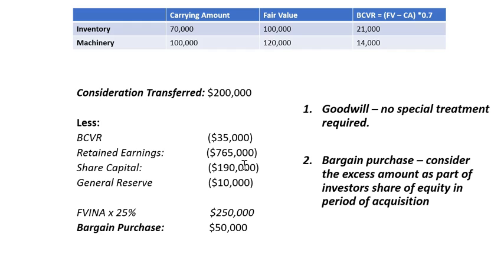Because we're only buying 25% of the company, we multiply the total fair value of the identifiable net assets by that 25%. So we know we're entitled to $250,000 worth of those net assets, but we only paid $200,000. That means we have a bargain purchase of $50,000.